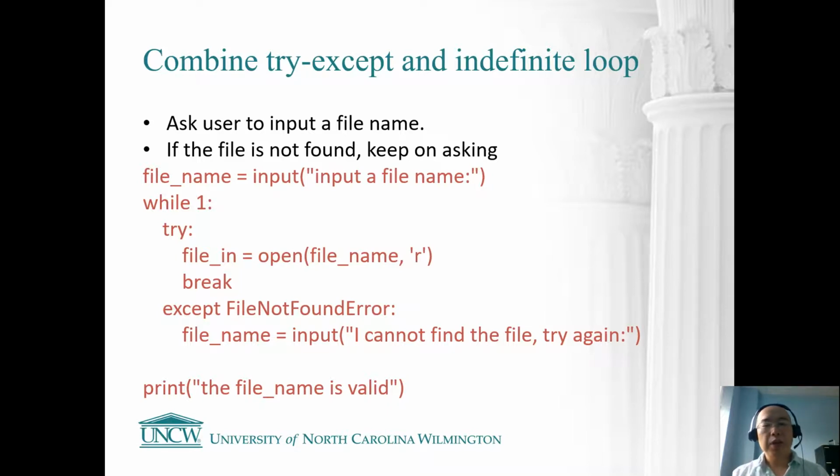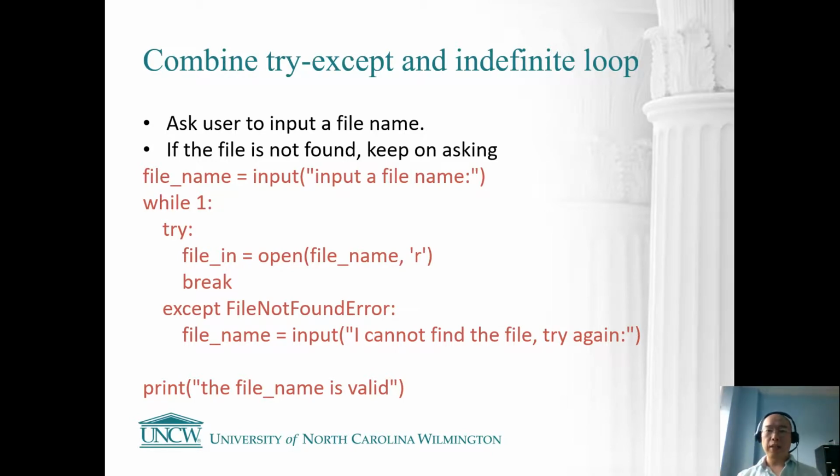And how do I do that? So number one, I want to ask you this question: is that a definite loop or indefinite loop? That should be an indefinite loop, because I don't know how many runs I'm going to repeat until the user gives me something reasonable, right? And then the next question will be, when the user gives me something readable, something accessible, I should finish this iteration.